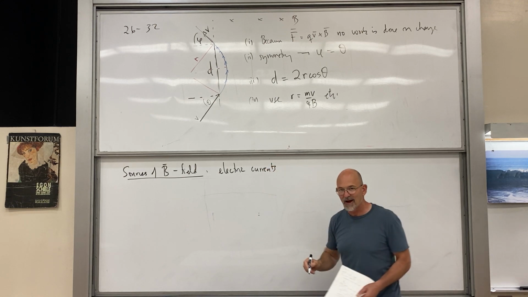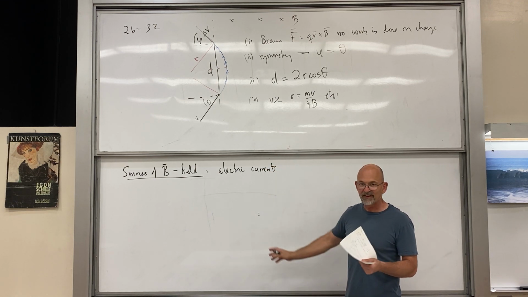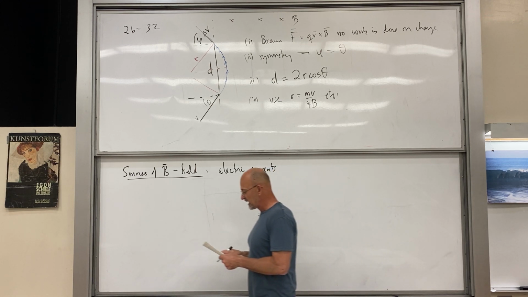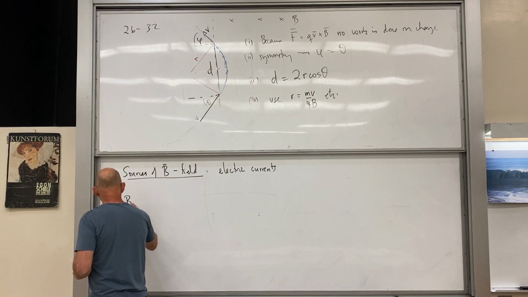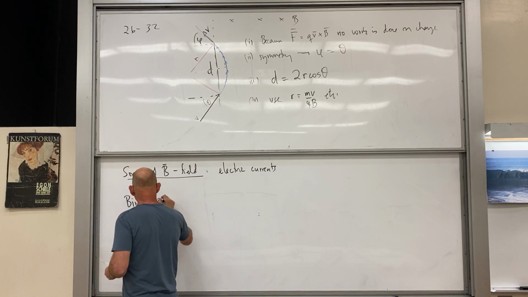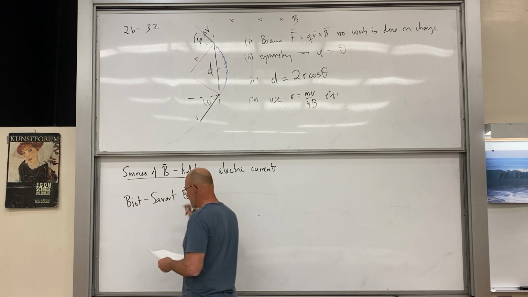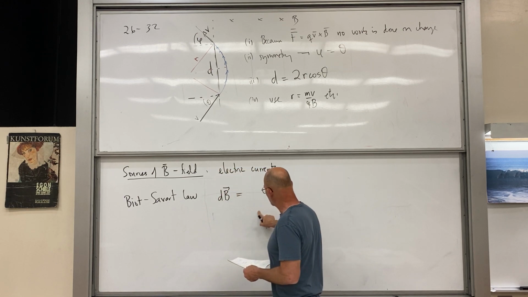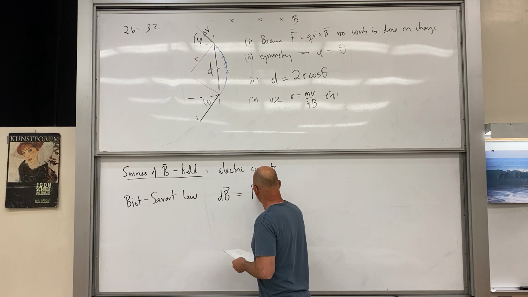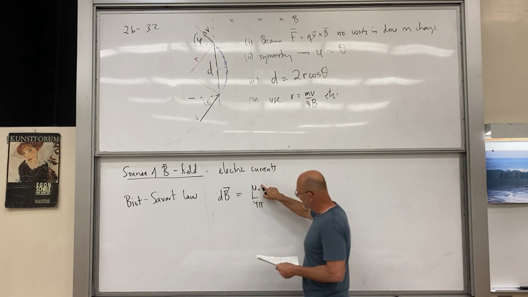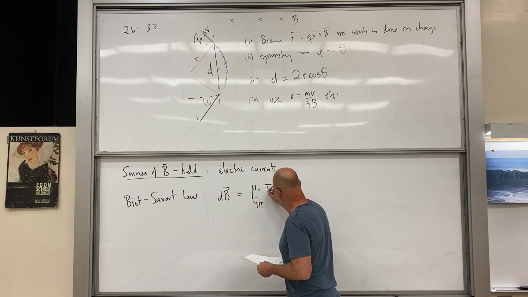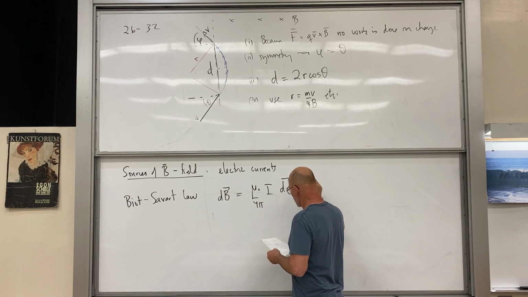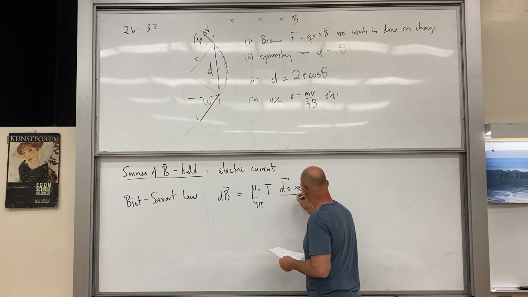There's material in the chapter on permanent magnets and other things like that that we're not even going to get to. We're primarily interested in the electric currents this time around. And we had the Biot-Savart law, I'll write that down: the infinitesimal field element dB is mu naught over 4 pi, that's just the magnetic constant we've looked at, times the current times ds cross r hat, a unit vector, over r squared.